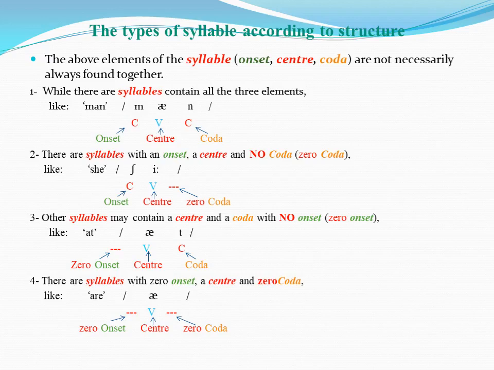Some syllables contain an onset, a center, and zero coda, like the words she, tea, to, see. In all these words, we have a consonant which represents the onset, a vowel which represents the center, but there is nothing after the center.